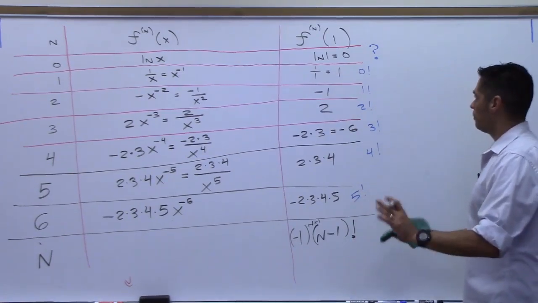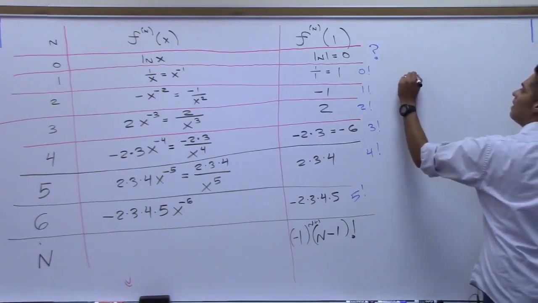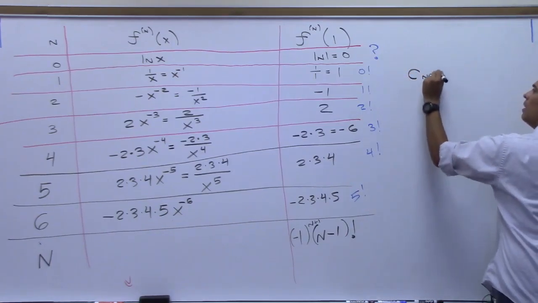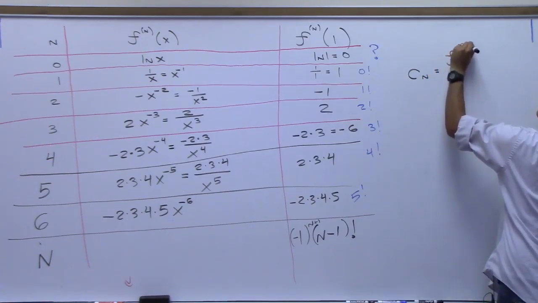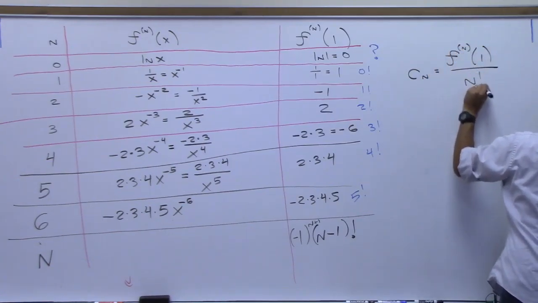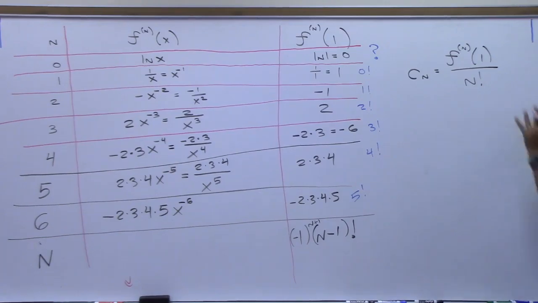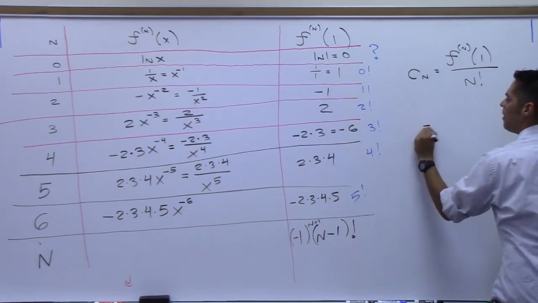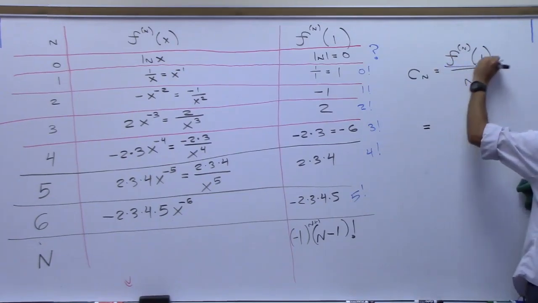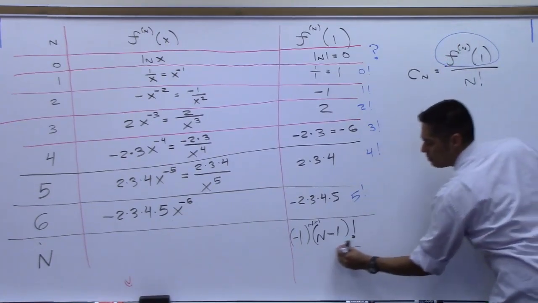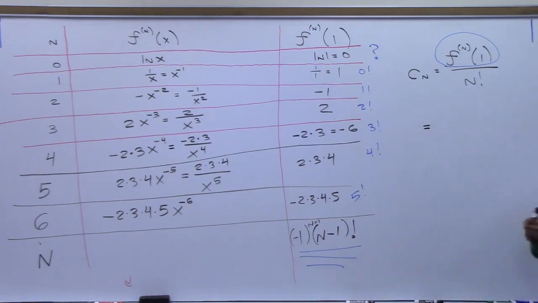So here's what I've got. So far, I can say this about C sub n. Right? C sub n, which by definition, I'm going to put it up here just so you can see it again. That's C sub n, right? That's what I'm trying to figure out a formula for. I know that that's equal to, I know this up here, right? This up here should follow this pattern right here, right?